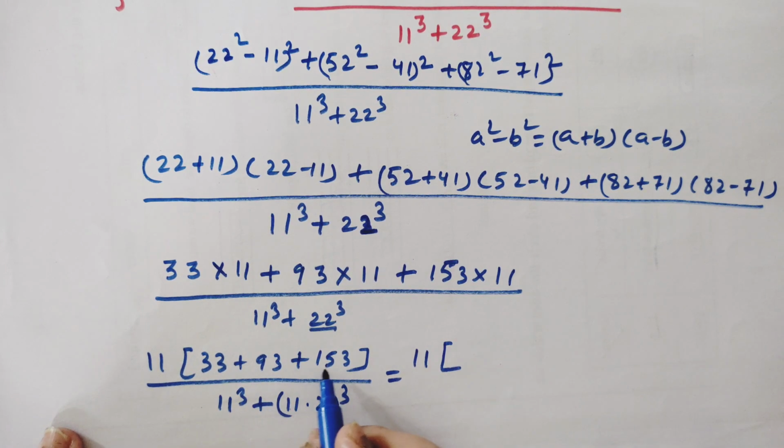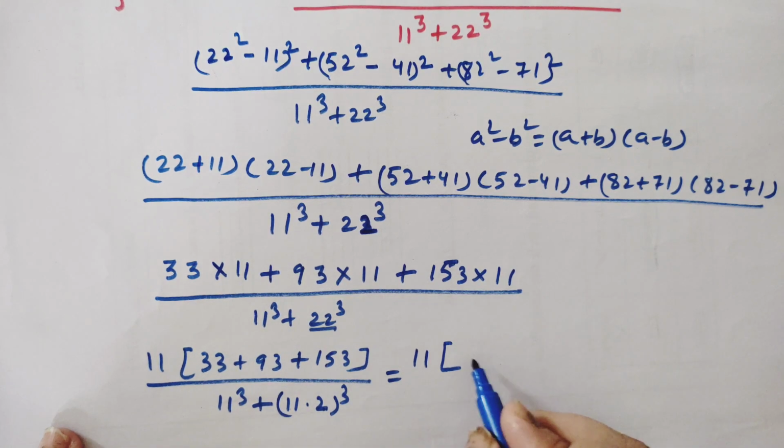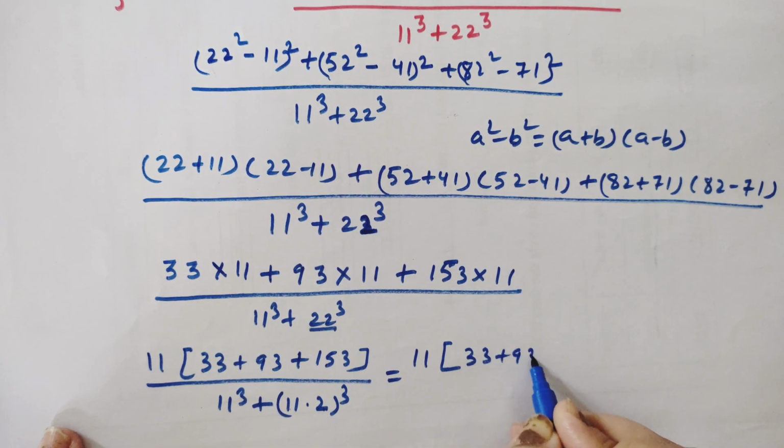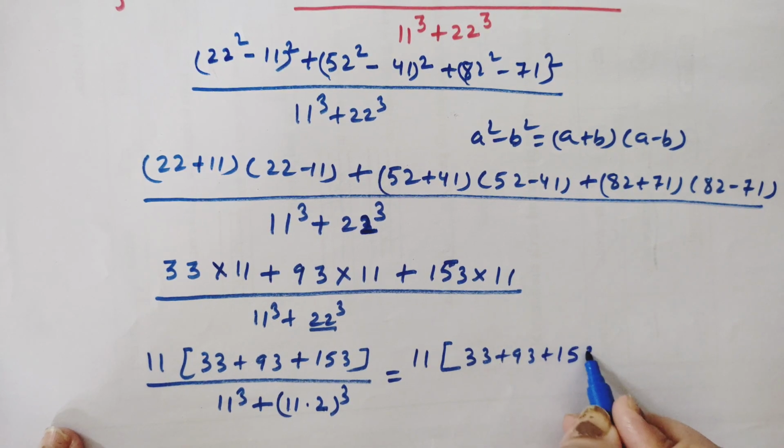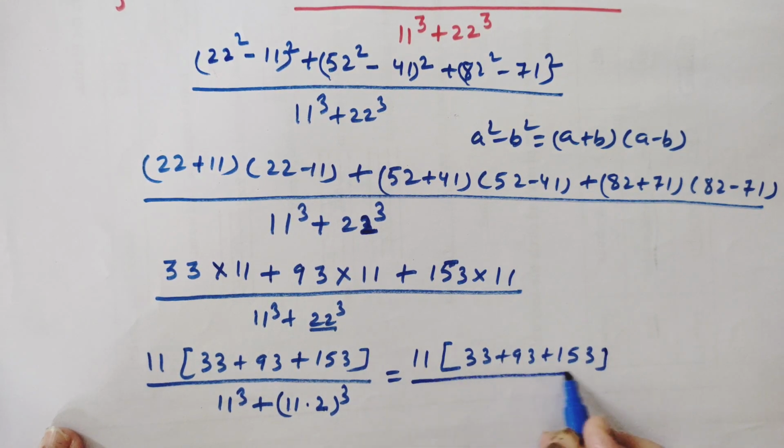If you add these three numbers you will get the answer, the 33, 93 and 153, but we will not add right now. Just wait a minute and see what happens in the next step.